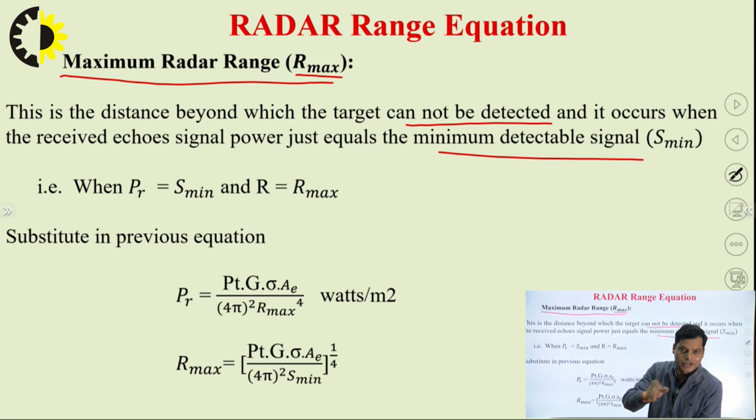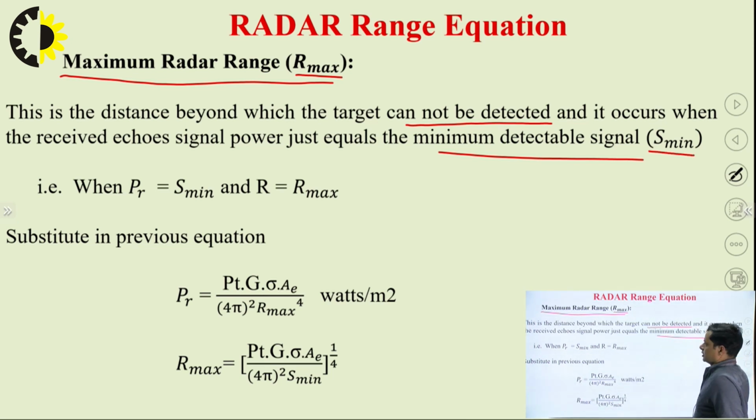It is denoted by S minimum. For this specific value of minimum signal strength, R will be R maximum, beyond which it cannot detect the target, because the power is not collected by the receiver section.